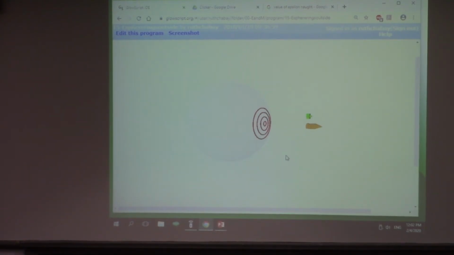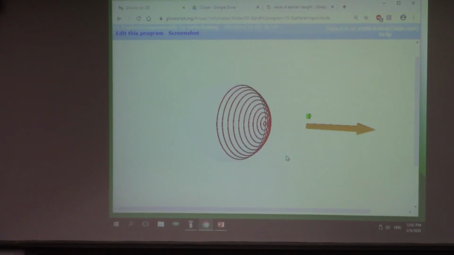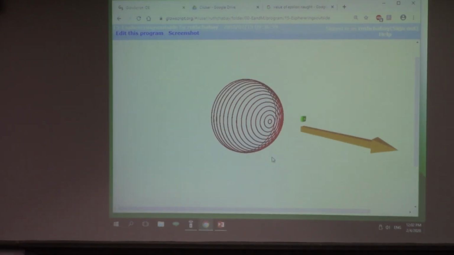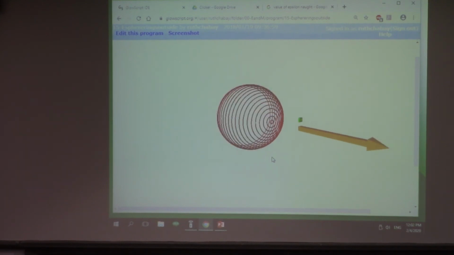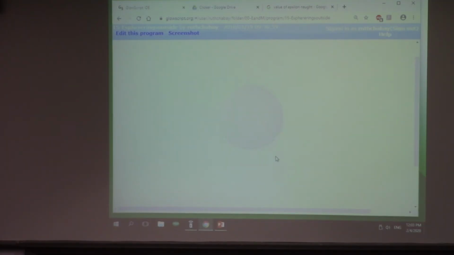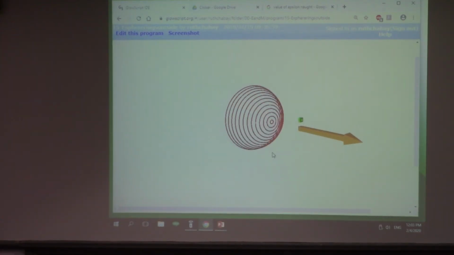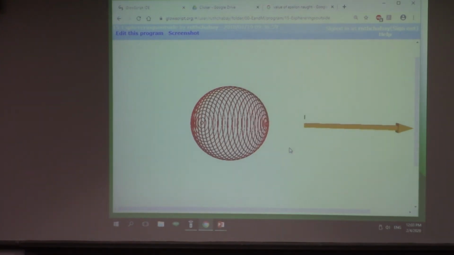So we are going to approximate the sphere with a bunch of rings, and the contributions are getting smaller and smaller, but the total's getting bigger and bigger. And eventually, this is a very small contribution, and that's our net field.